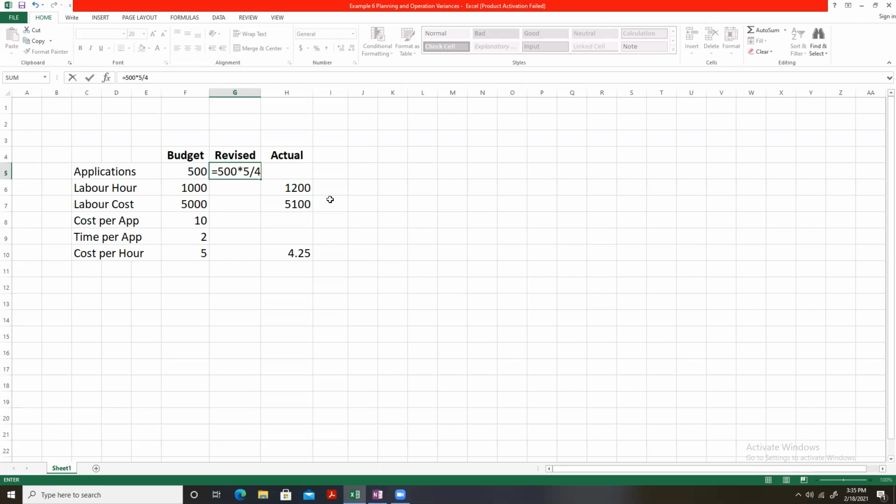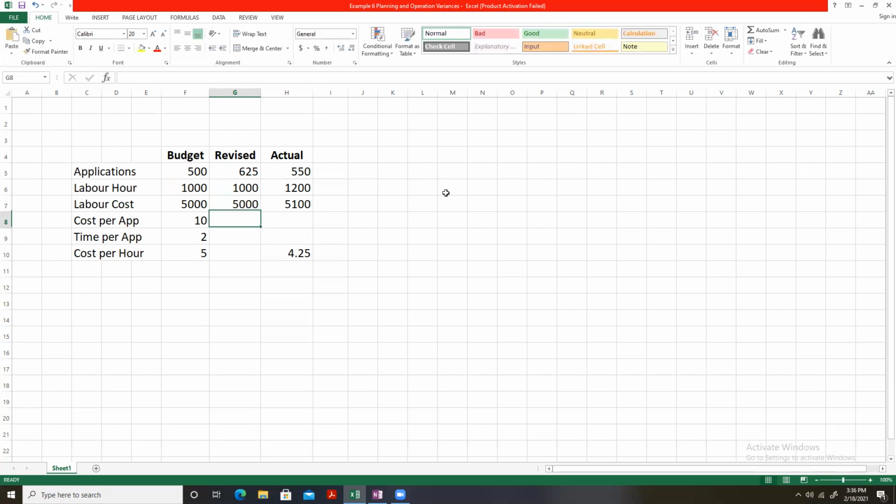That's why I am multiplying 500 by 5 and dividing this by 4. It will become 625. This means that previously we were able to process 500 applications in 1000 labor hours, but now we are able to process 625 applications in the same 1000 hours.